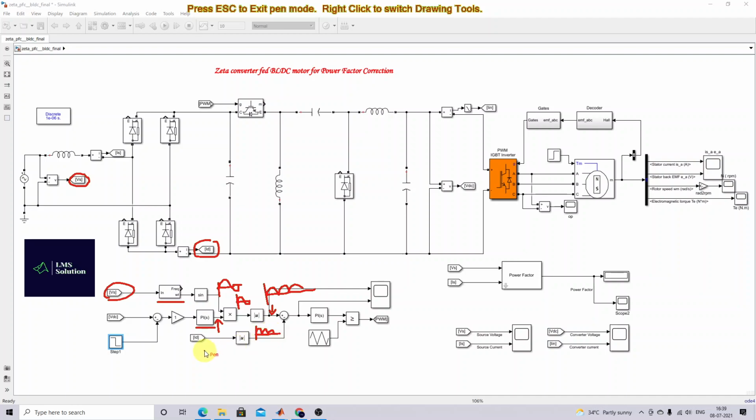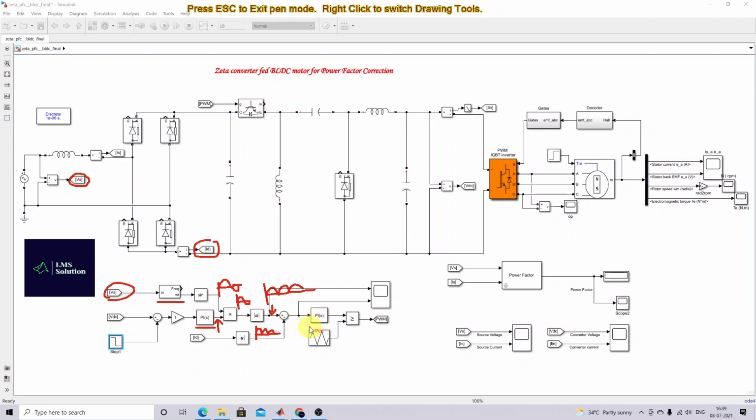So we always get only the positive portion of the diode rectifier current. Next, you compare this reference current with the diode rectifier current.